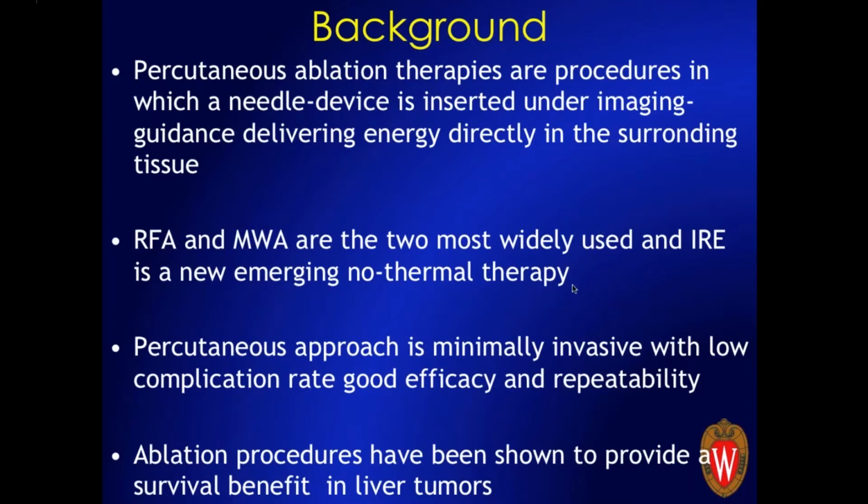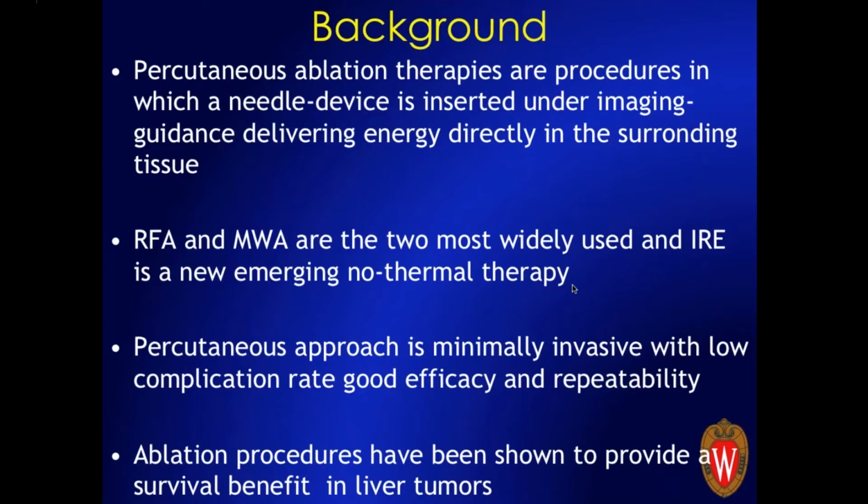During the procedure, a needle device is inserted under ultrasound or CT guidance, delivering energy directly into the tumor. Radiofrequency is the most commonly used, compared with the more recent microwaves. And electroporation is a new emerging non-thermal therapy.